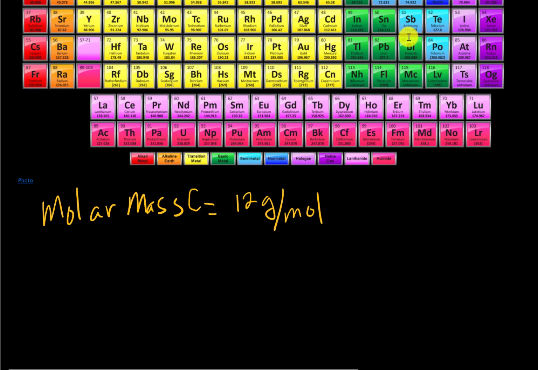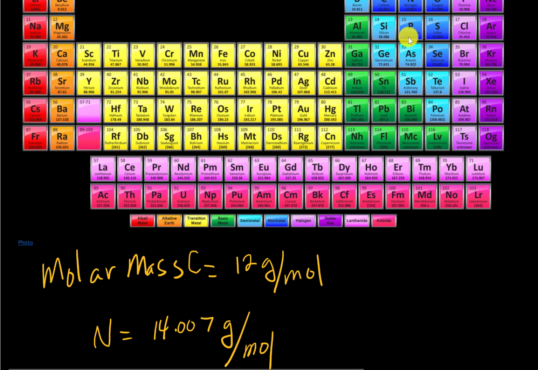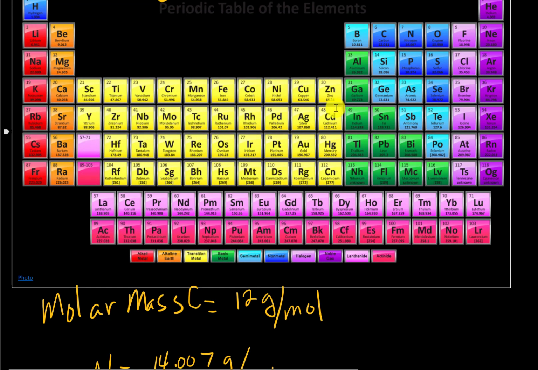So let's just put that here. So nitrogen equals 14.007 grams per mole. And it becomes so simple because you'll find that most people, instead of referring to this number as the average atomic mass, will just refer to it as the molar mass.